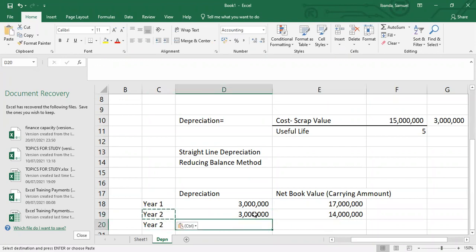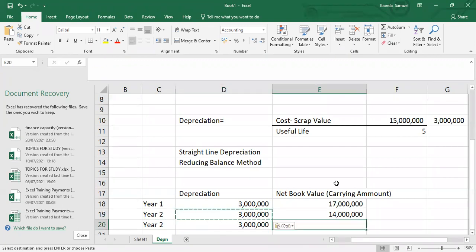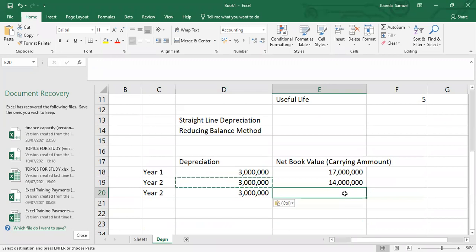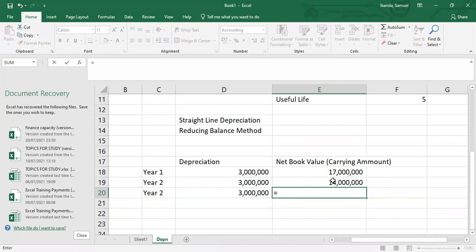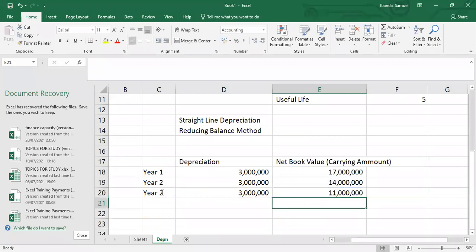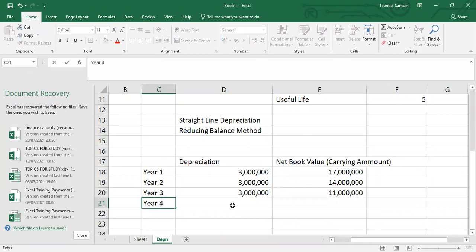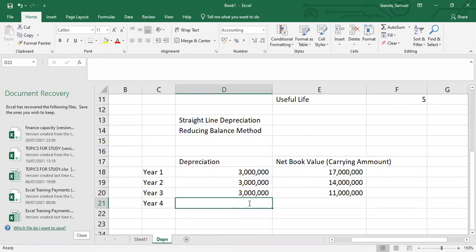Year 3, it will still be that. So this will be 14, subtract 3 million, to give me 11 million. This is year 3, sorry. Then year 4, it will be 11 minus 3, which gives us 8 million.